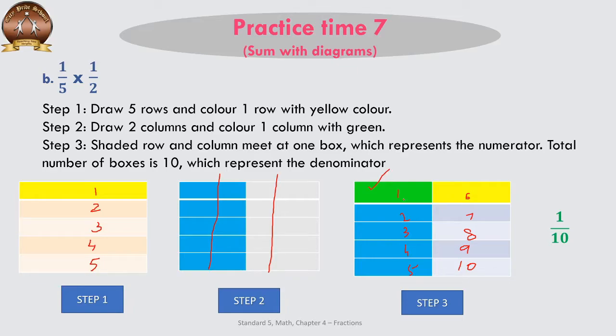Blue and yellow, when they overlap, give us a green color. So out of these 10 equal shapes, we have got one as green. So the answer is 1 upon 10. That means 1 upon 5 multiplied by 1 upon 2 gives us 1 upon 10.